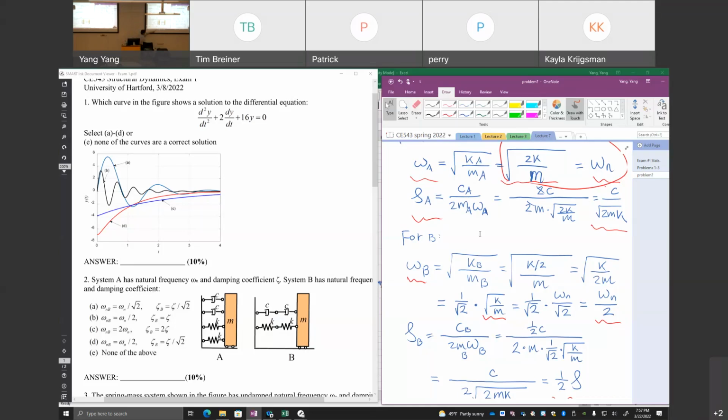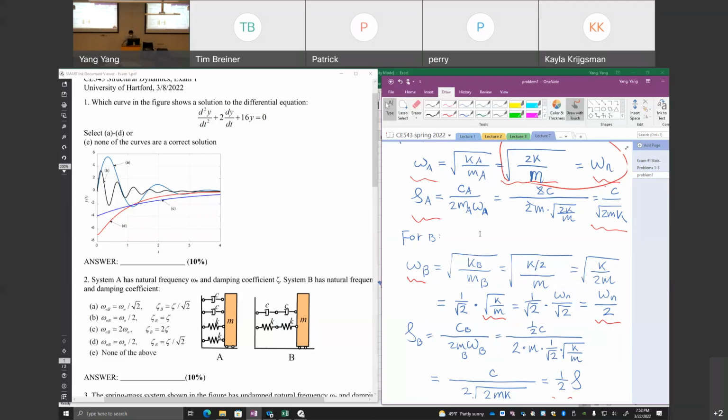For example, if we solve omega B in terms of k and m, how can we compare omega B with omega A? Since the mass, spring coefficients and damping coefficients are comparable, we write the natural frequency and the damping ratio in terms of them, so that we can compare. So that's the second problem. Any other questions?